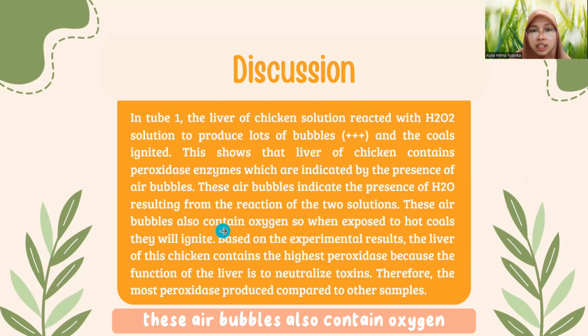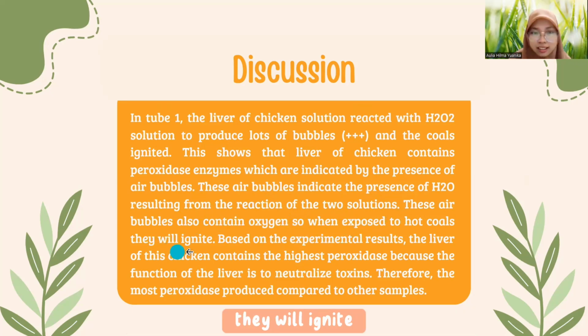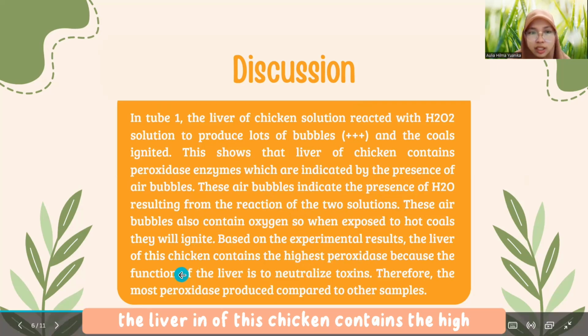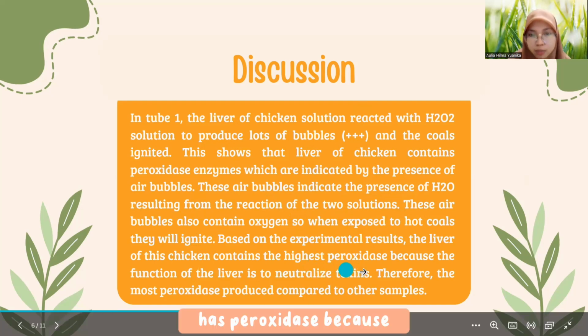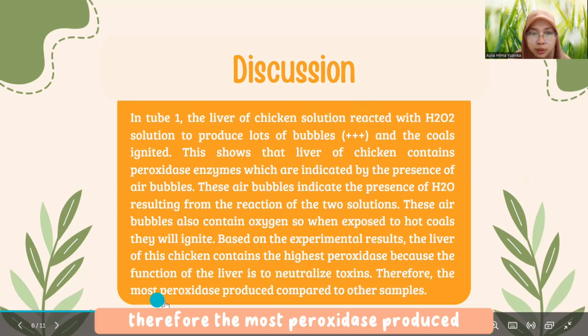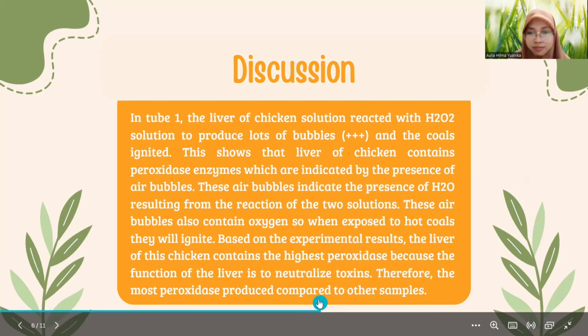These air bubbles also contain oxygen, so when exposed to hot coals, they will ignite. Based on the experimental result, the liver of chicken contains the highest peroxidase because the function of the liver is to neutralize toxins. Therefore, the most peroxidase is produced compared to other samples.